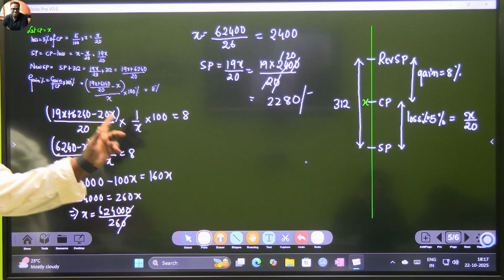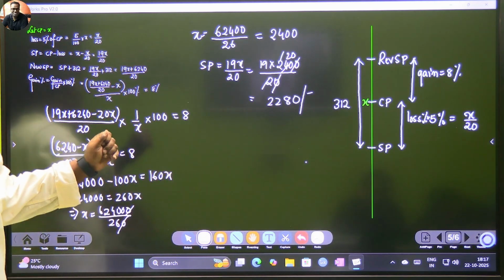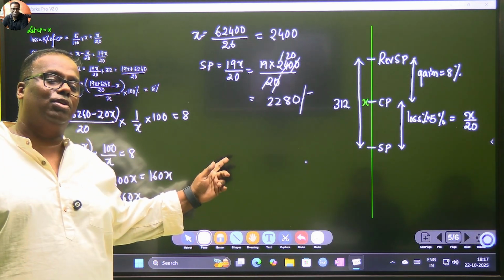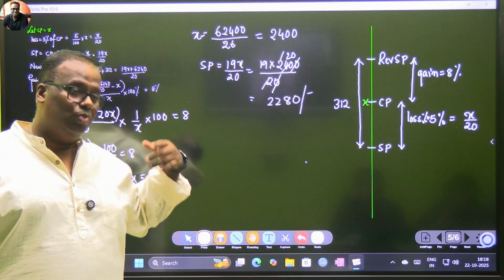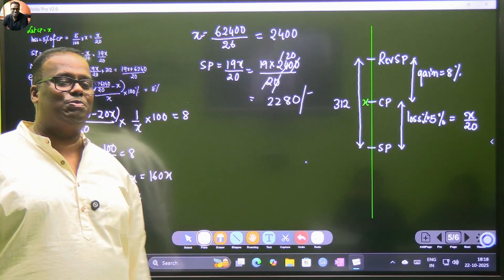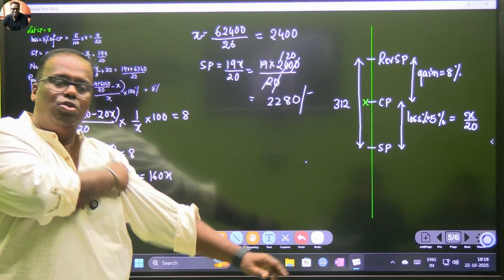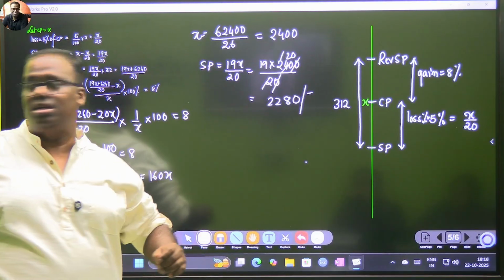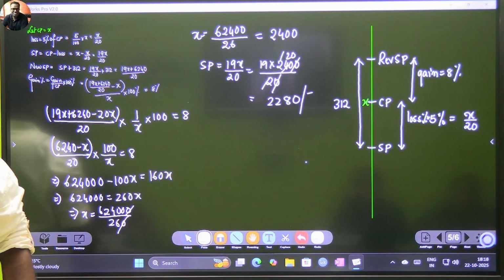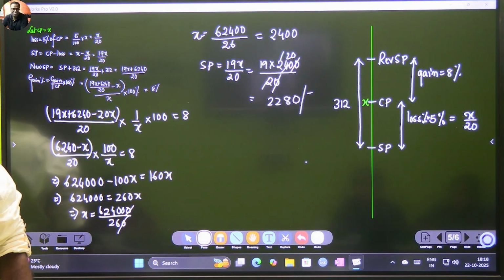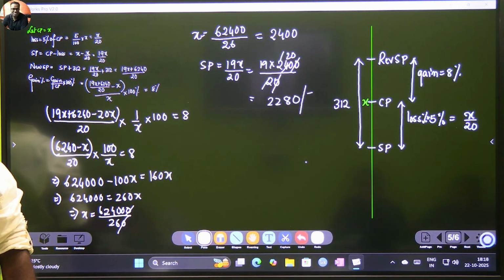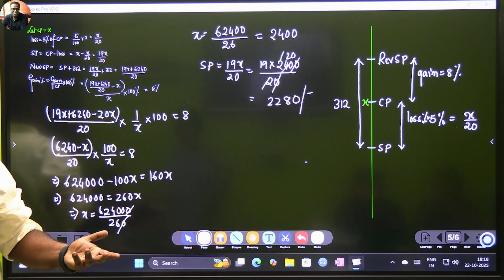I will not take out this part of the video where we went wrong. You should understand: always, unless and until the cost price is known, we cannot do this. It is something like this. Your first term marks were 80. Your second term can be 80, more than 80, less than 80. If I say Mishka scored 84 in the second term, did she improve or not? We cannot say anything.